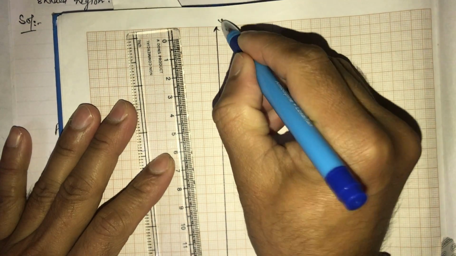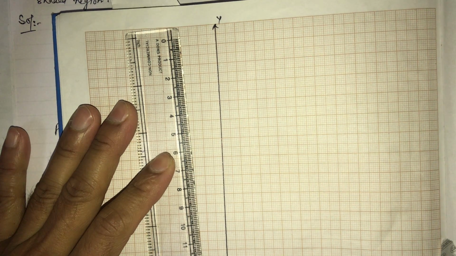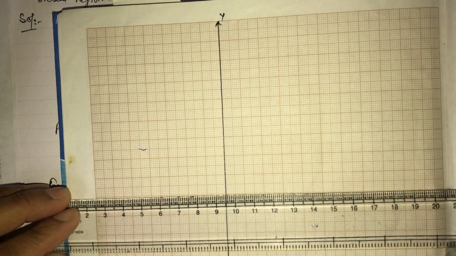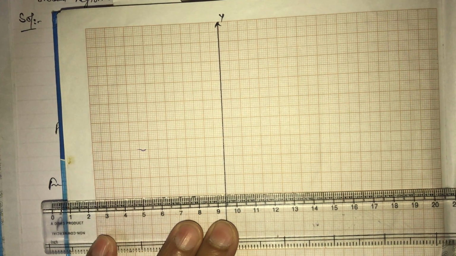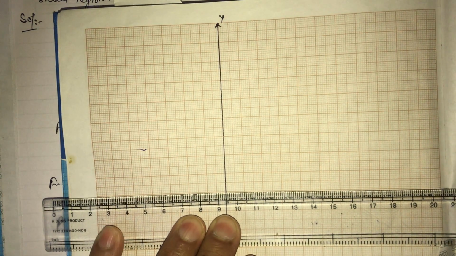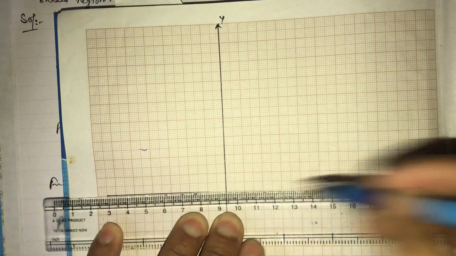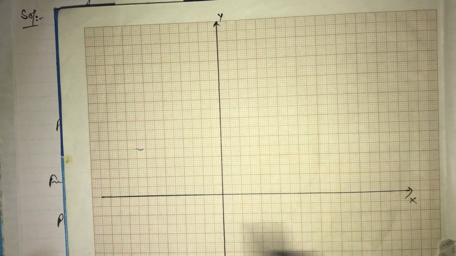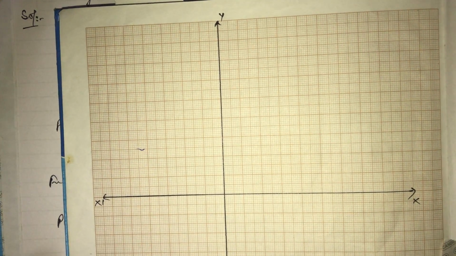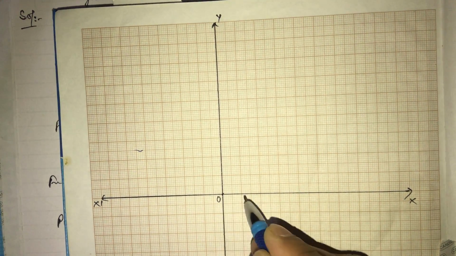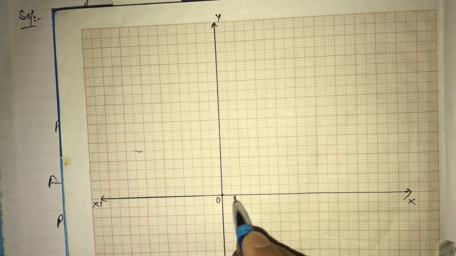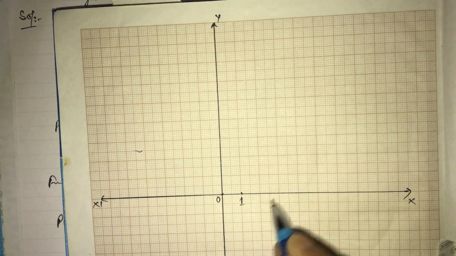Now this is y, negative down, and let me take this part here as x. This part is positive x, this is negative x, and this is 0. If I go towards the right, the small division, I will mark as 1 unit.